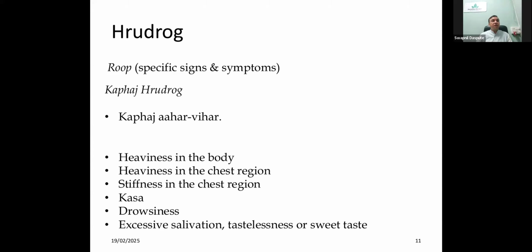It can cause aggravation of Kapha dosha. So what are the signs and symptoms which are seen? Heaviness in the body. Heaviness, obviously, because of ama as well. Heaviness in the chest region. So heaviness basically is a typical sign, a symptom of aggravated kapha dosha.